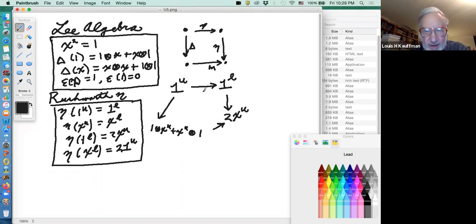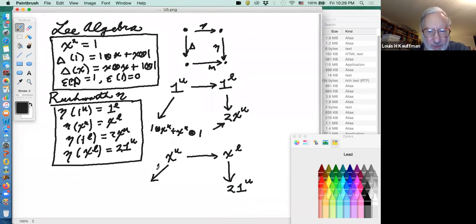But now what if I had an x upper in here? Well, then x upper goes to x lower, and x lower goes to 2, 1 upper. Now let's do it the other way around. Here's where I hope my algebra works, right?